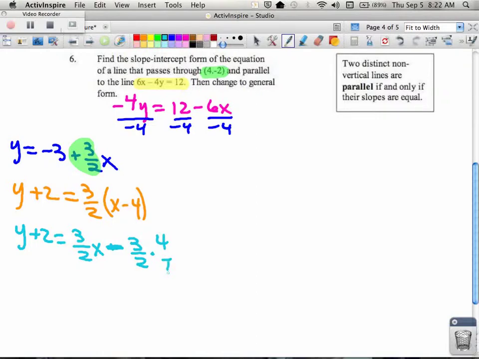So you need to be comfortable multiplying fractions. Or in other words, y plus 2 equals 3/2 x minus 12 over 2, which is 6.